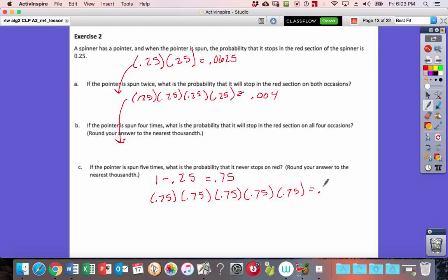It's going to be 0.237. Okay, that if it's spun 5 times, the probability that it never stops on red. And I used my complement rule there to say that's 1 minus 0.25.